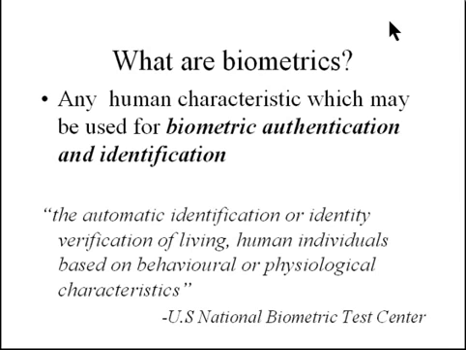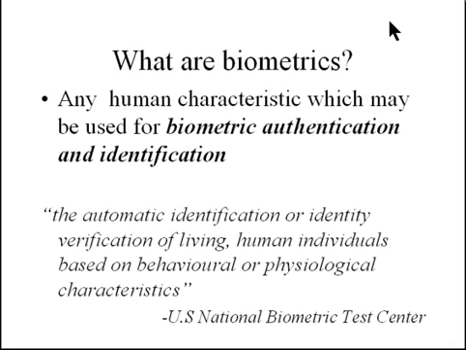So the definition of biometrics is any human characteristic which may be used for biometric authentication and identification. So realize here that we're actually having authentication and identification in one biometric system. The U.S. National Biometric Test Center defined it as the automatic identification or identity verification of living human individuals based on behavioral or physiological characteristics.